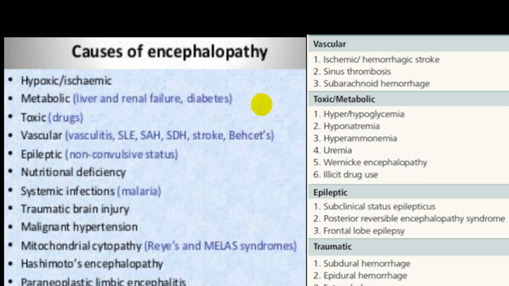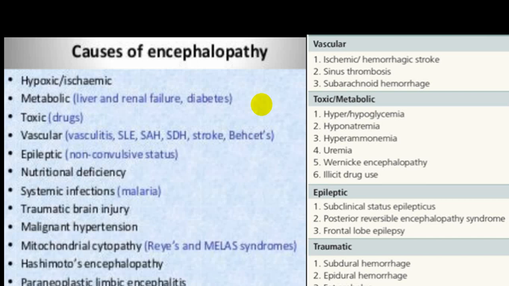malignant hypertension. Now, the other term which is being utilized is hypertensive emergency, where you can have hypertensive encephalopathy, PRES, which we call posterior reversible encephalopathy syndrome, or RCVS, that is reversible vasoconstriction syndrome.